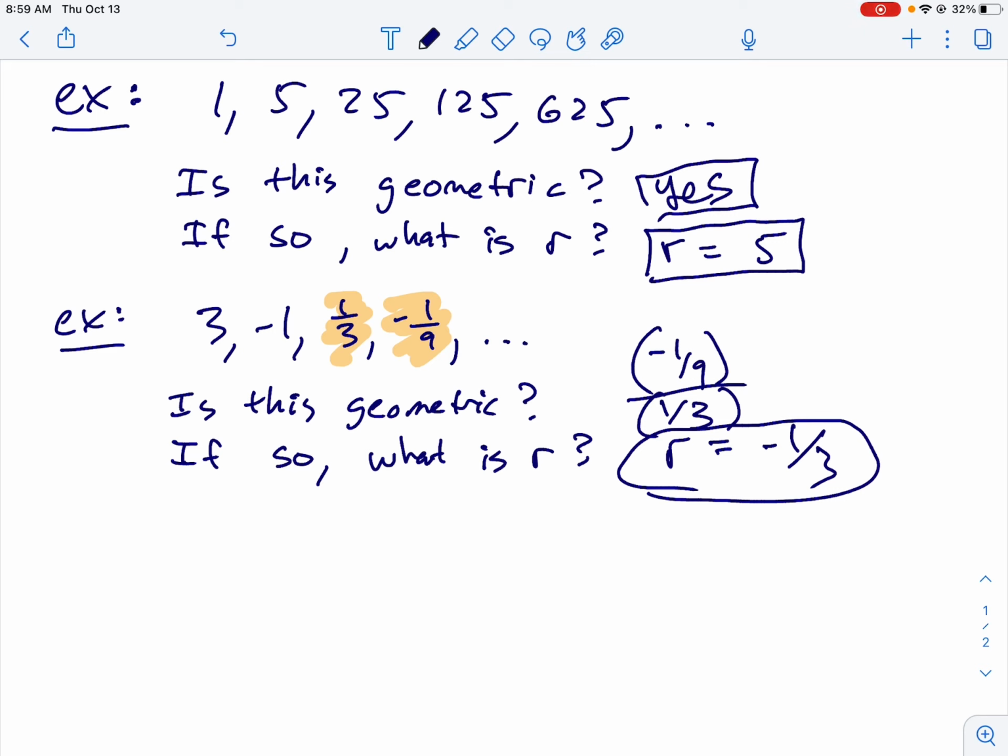So yes, it is possible to have a negative ratio, and what's going to happen, you've probably noticed, is it switches back and forth from positive to negative each time. So that's what's going to happen if you see that, okay? Any questions on that?